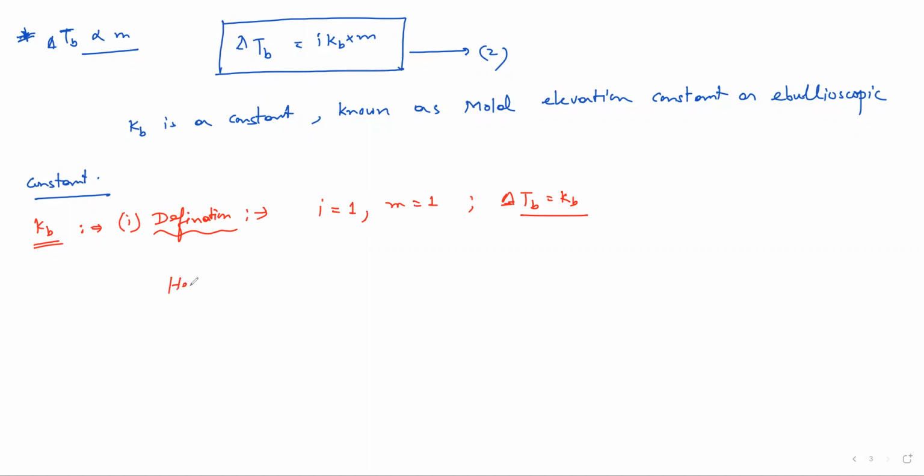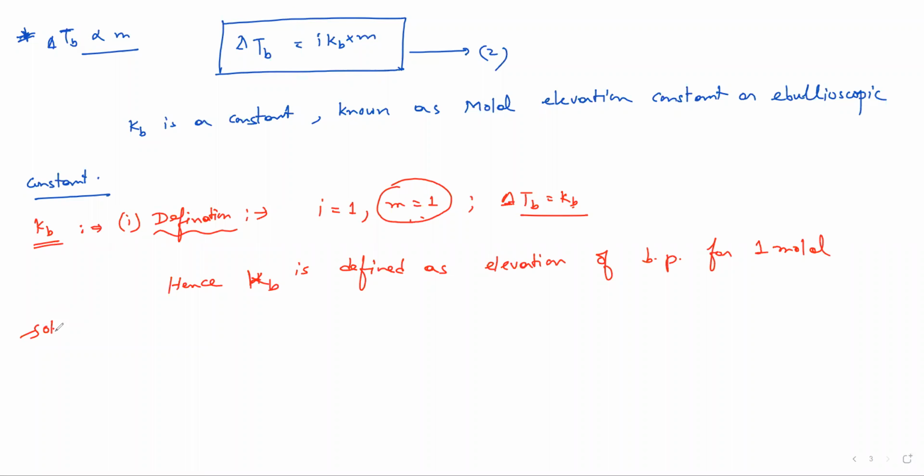Hence, Kb is defined as the elevation of boiling point for 1 molal solution.